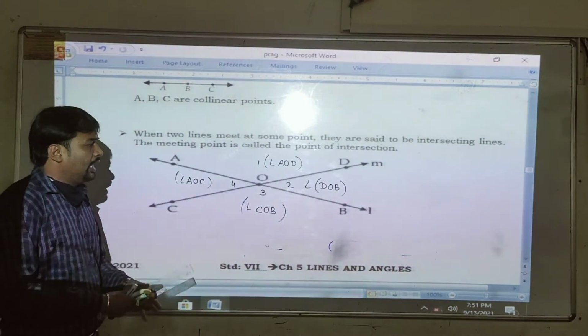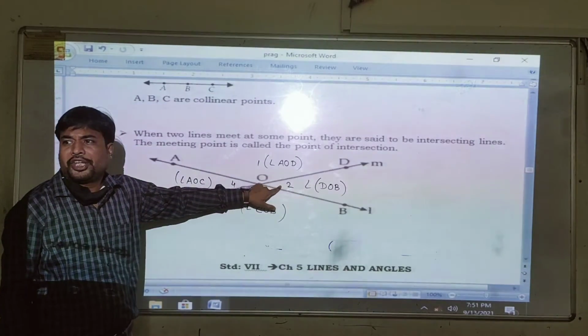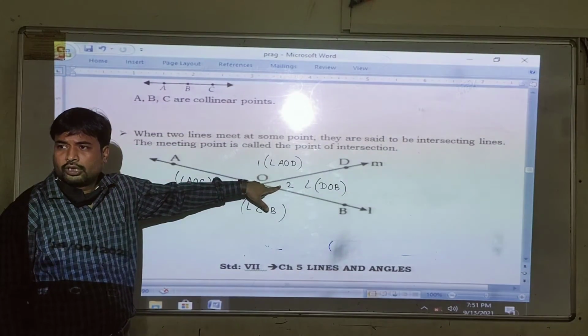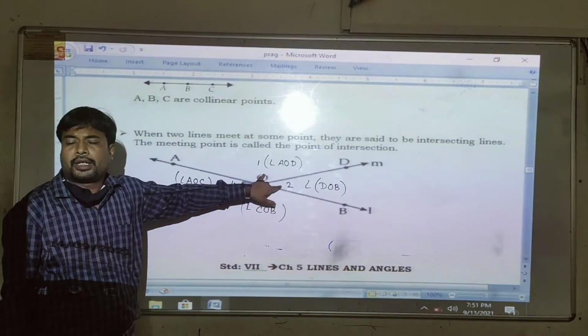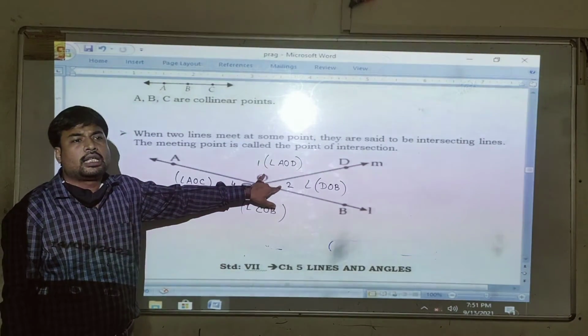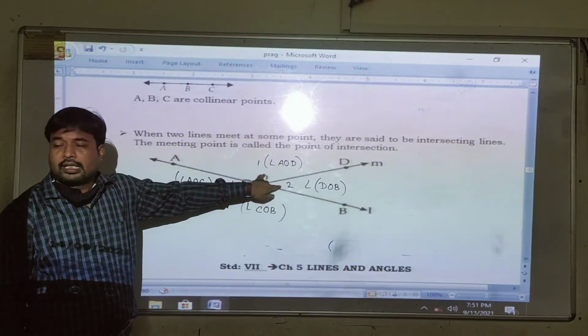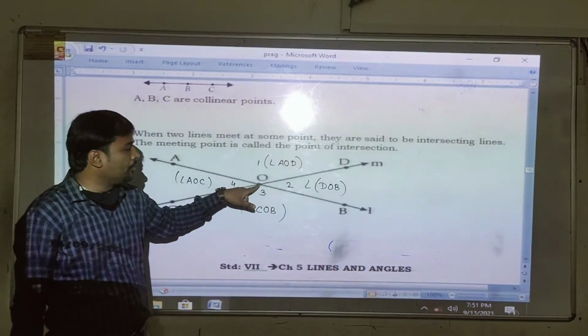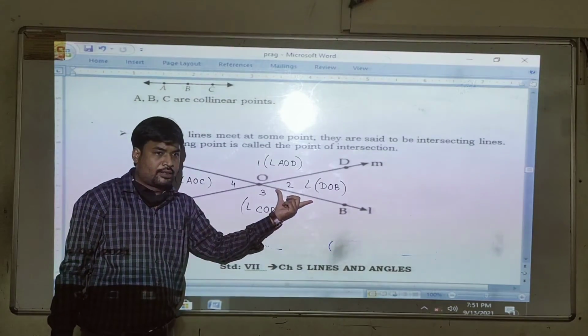Then you can say that 1 and 2 are closer to each other, so they are adjacent angles, or we can say they are linear pair of angles. They are side by side, and together they lie on a straight line. That's why they are called a linear pair.